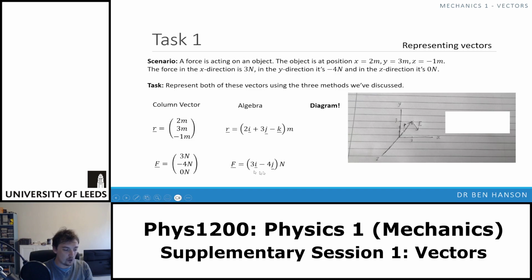And then because the force is acting on the object, I've put that force vector on the end, just as a notation for myself. And that is going 3 along in the i, minus 4 in the j. But it's not to scale. So personally, I think that these vectors are quite hard to represent on a diagram.